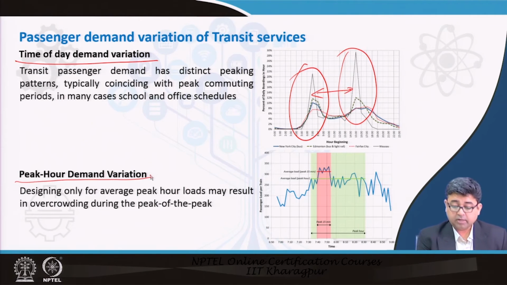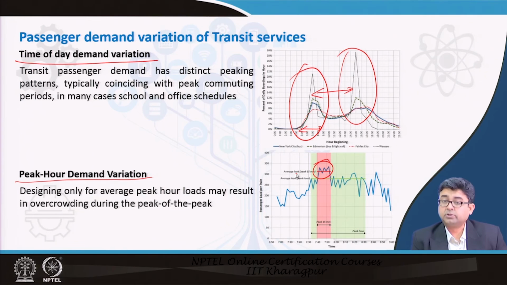There may be peak hour demand variation as well, right. Within the 4 hours of peak period, there may be only 1 or 2 15-minute peak periods actually that happens.